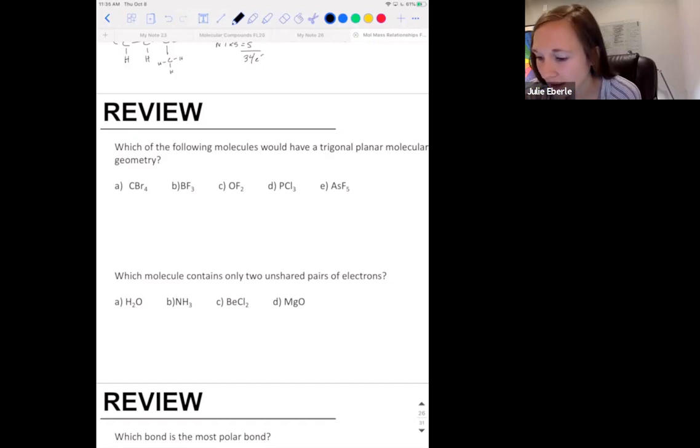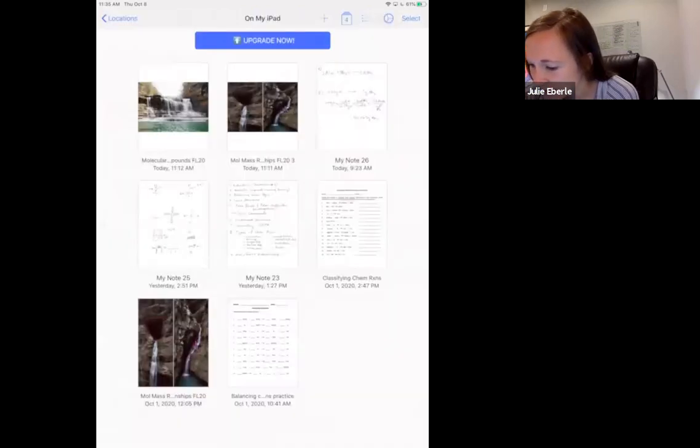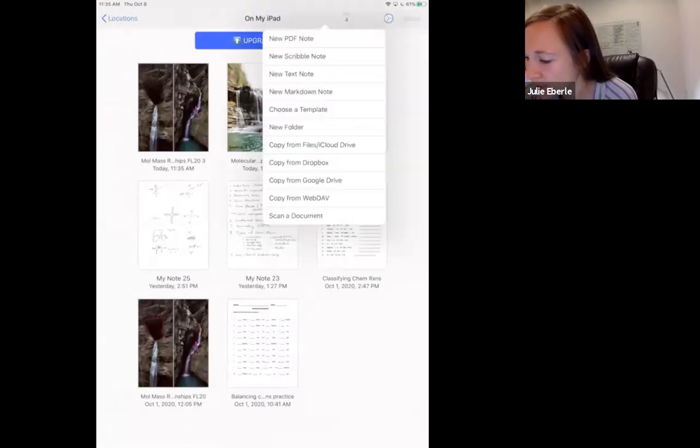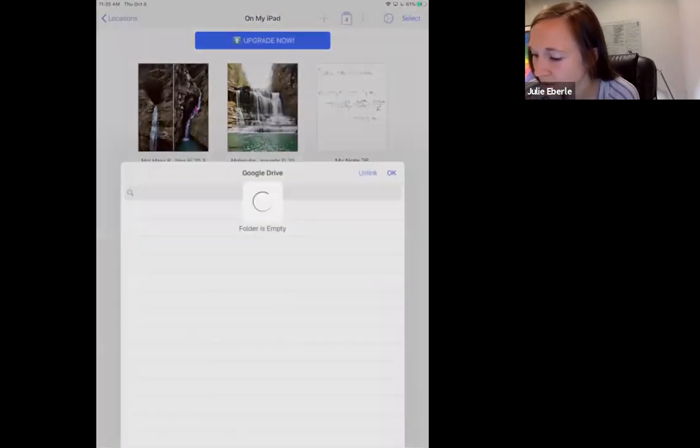I don't think I have that table. Let me show you what table I'm talking about really quick. If you forget how to go about this, let me download that lecture.